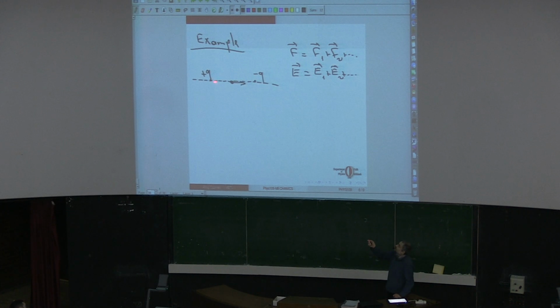This is independent of which point I take along this line. For all the points along this line between these two charges, the electric field will always point from the positive charge to the negative charge. But by construction, the field lines are always parallel to these vectors. So I can draw one electric field line that goes from the positive charge to the negative charge in this direction. Now that is one electric field line I have.